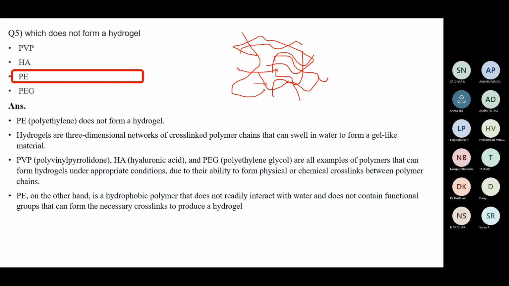So because of the porous structure, water can easily enter and be retained inside the structure. And because this material has a high amount of hydrophilic polymer, it can easily interact with water. Whereas in the case of polyethylene, it is a hydrophobic material and does not readily interact with water, because of the functional group it carries.